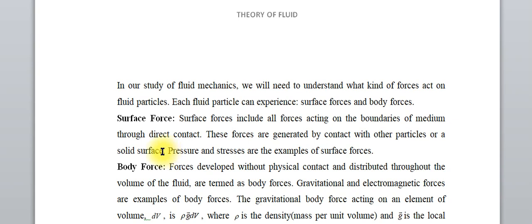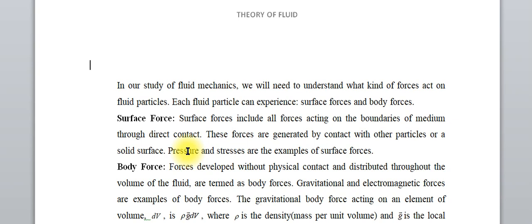So these forces can be generated when one particle is in contact with other particles. These are the internal forces. Or it may be in between the solid surface and the particle. Examples of such forces are pressure and stresses. These are examples of the surface forces.